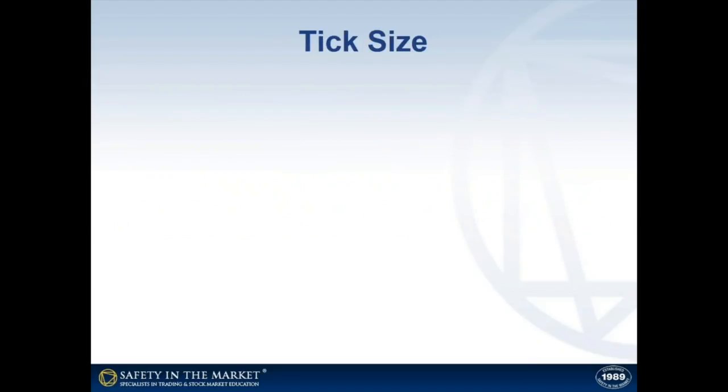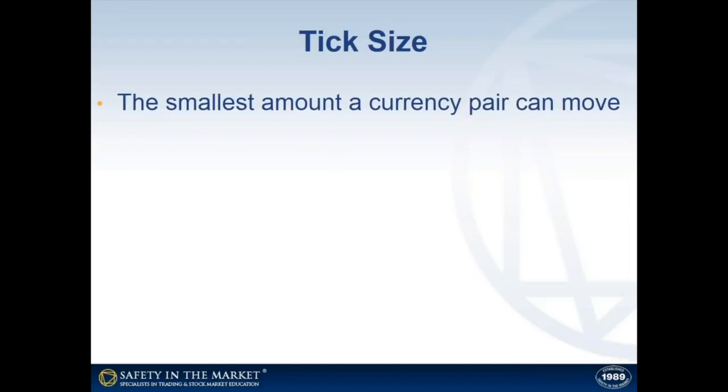All right, so we've spoken about position sizing and we've spoken about margin, and you've seen the relationship between position size and margin, and how margin is a percentage of your position size, so they're going to be in the same currency. The next thing that we're going to talk about now is tick size, and tick size is the smallest amount that a currency pair can move.